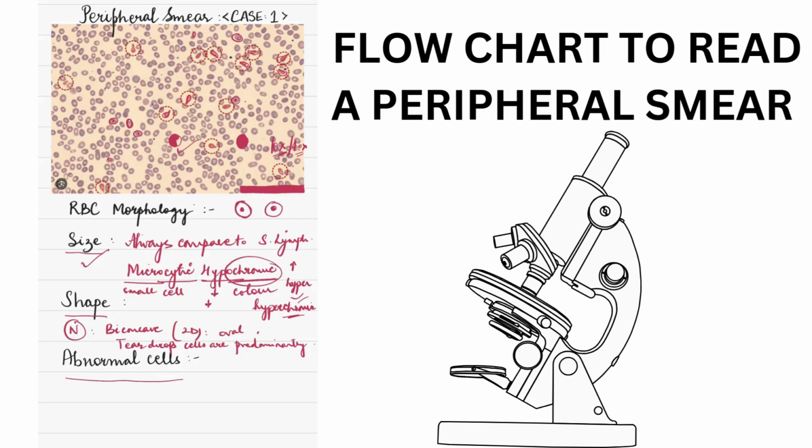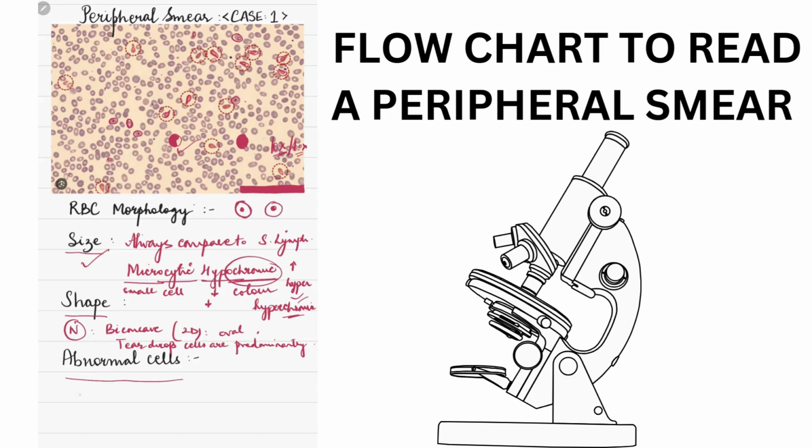So in this peripheral smear, only teardrops are present, and the size is microcytic hypochromic. Now shape, as you can see, there are teardrops and there is a variation in size. Not every RBC looks alike, so obviously there is difference in shape as well.